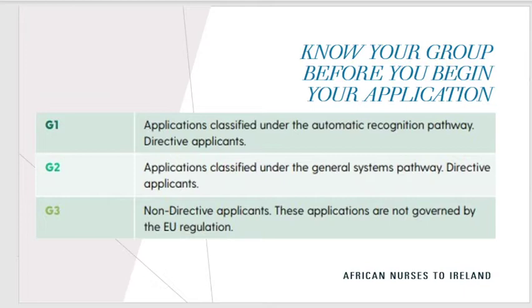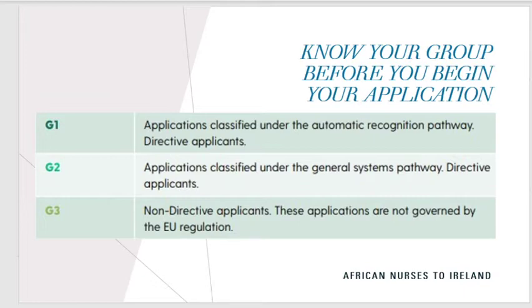I will explain that in detail as well. Group 2 means applications classified under the general systems pathway. And Group 3, non-directive applicants. These are applicants with applications coming from outside of the European Union, so overseas nurses who have never lived in the European Union, who didn't study or practice in the European Union.